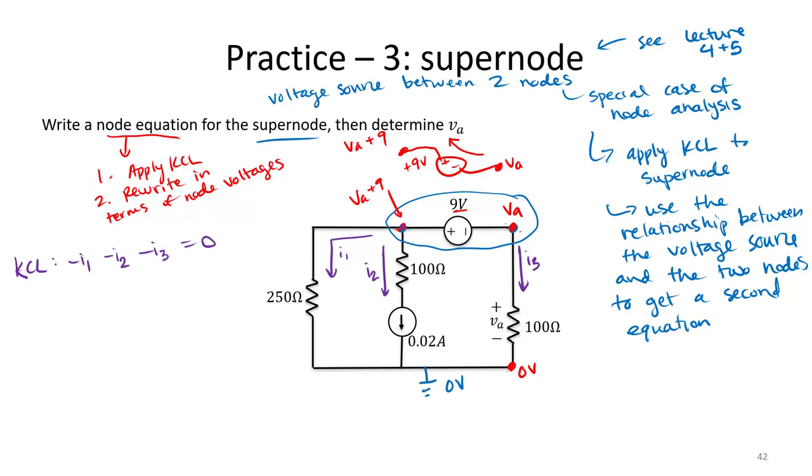Next, I need to rewrite those currents in terms of my node voltages. For current I1, I am flowing from VA plus 9 down to 0 volts, passing through a 250 ohm resistor. So I can say that my current I1 is VA plus 9 minus 0 over 250.